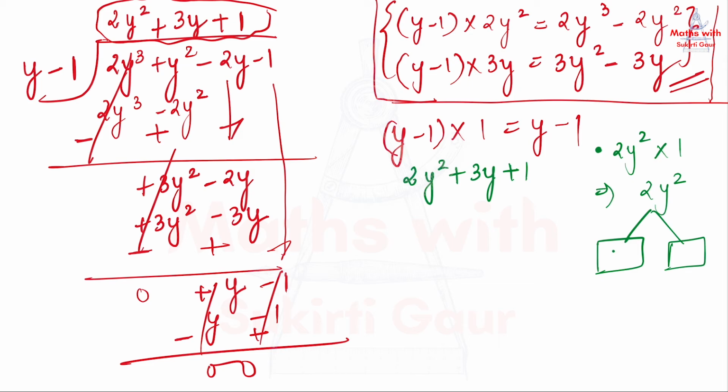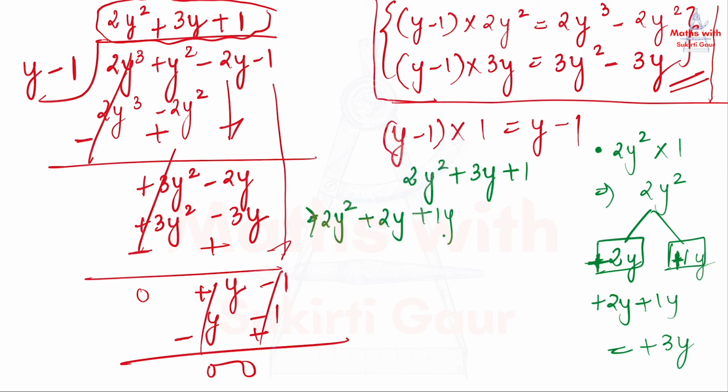So here I can easily see that 2 and 1 are the factors we want, 2y and 1y, and both we want in positive, because that's how we will be getting plus 2y square after multiplying them, and after adding them, plus 2y plus 1y will give the middle term, right? So 2y square plus 2y plus 1y plus 1.